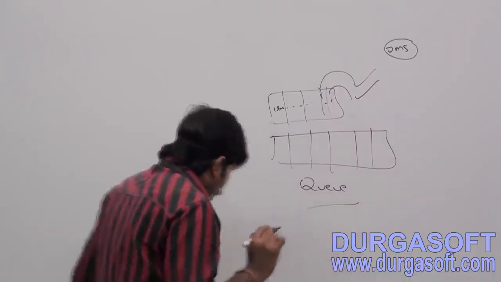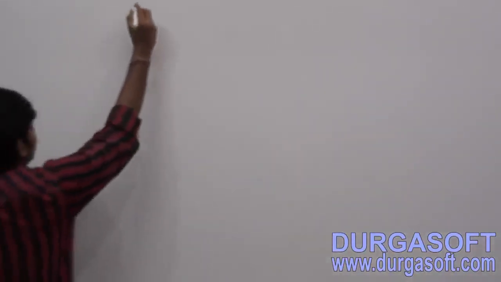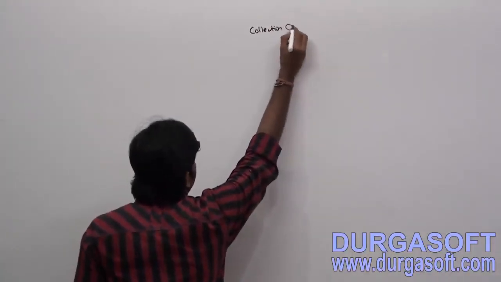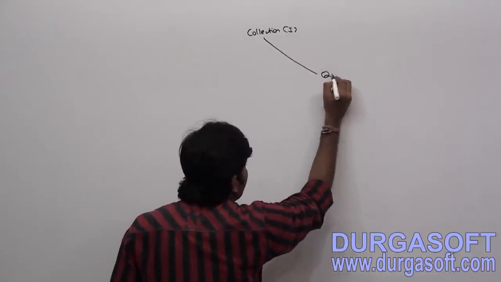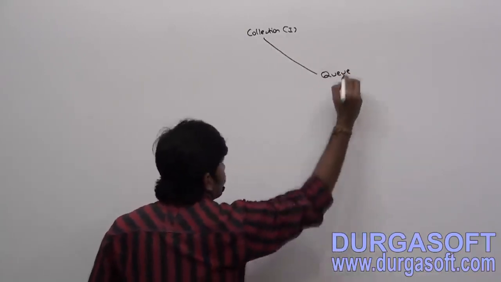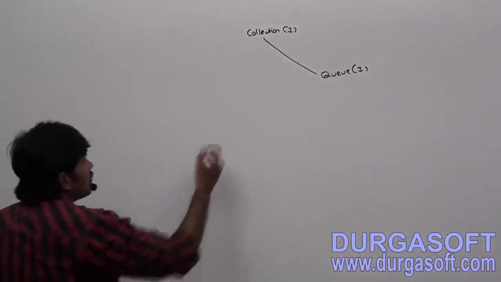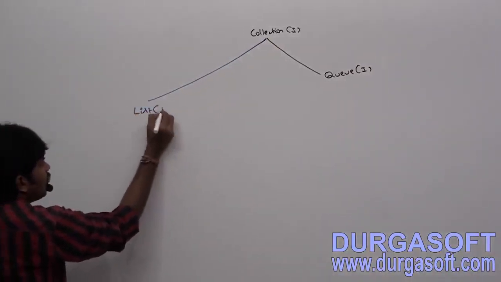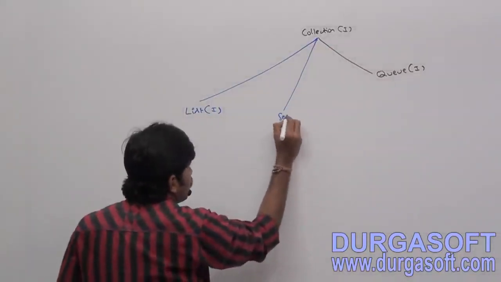Now this queue module we have to discuss. Here just observe what things we have to be aware of. Collection is there. Next, the queue concept. In the middle we have the list concept, and set is also there.